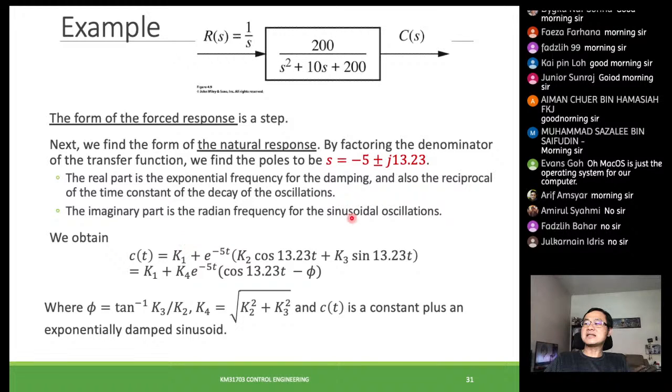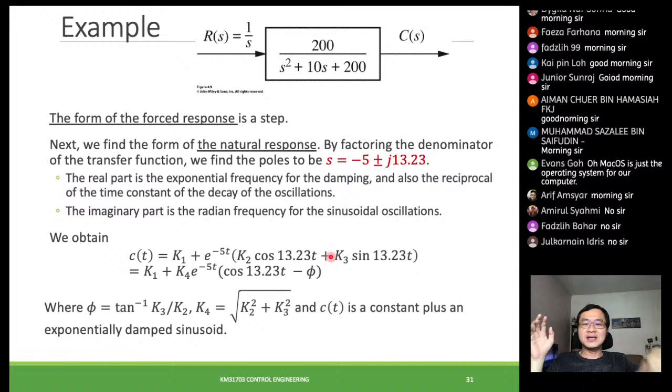Since this is plus and minus, you also have the sine part, so you have cos and sine, plus and minus of it. If these two values are different, then you have two parts to it. So that is the straightforward way of forming the time response equation based on the familiar form of the transfer function for a second order system, right?